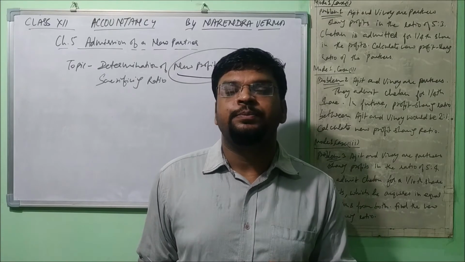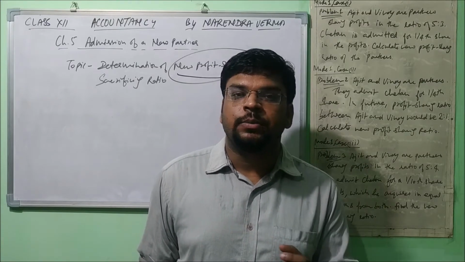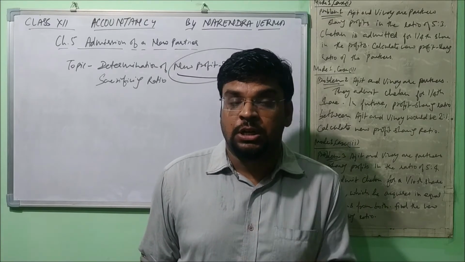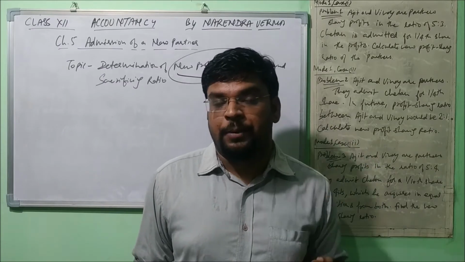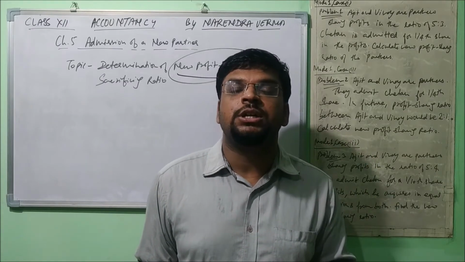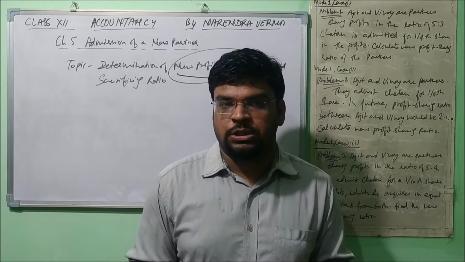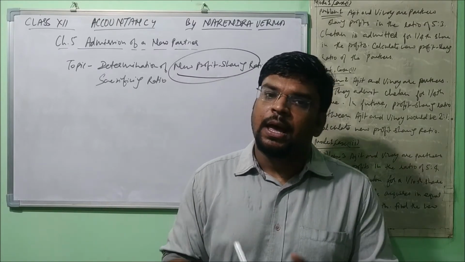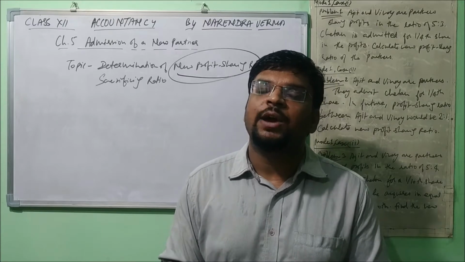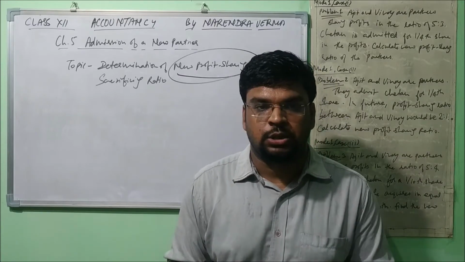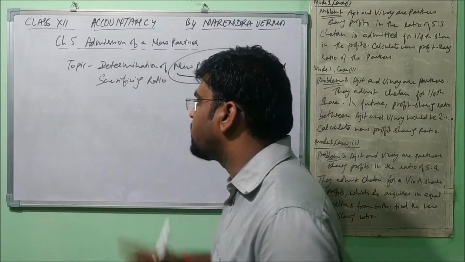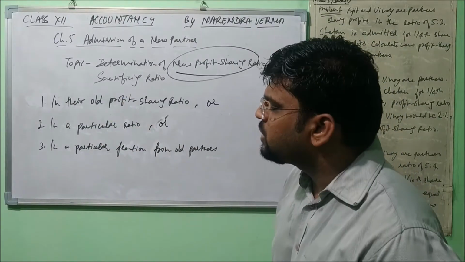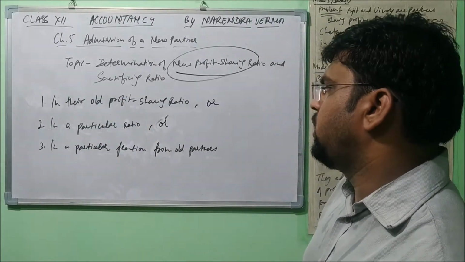Then he acquires, because he is going to get a share in the running partnership firm, so he acquires his share in a few modes. There are 3 modes. I just write all the modes here. In those, he can acquire the shares from the old partners. So what are those modes? I just write down. Alright, so first one, in their old profit sharing ratio.